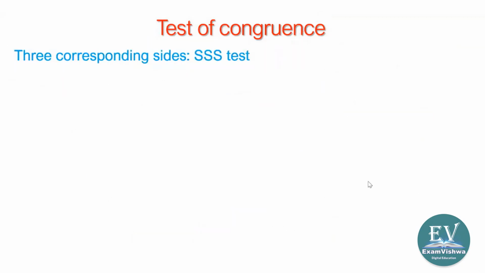The next test of congruence is three corresponding sides. This is one of the easiest tests of congruence, at least to understand, where it is said that the three corresponding sides are congruent with each other. If I think of drawing a triangle, I just have to copy the triangle.